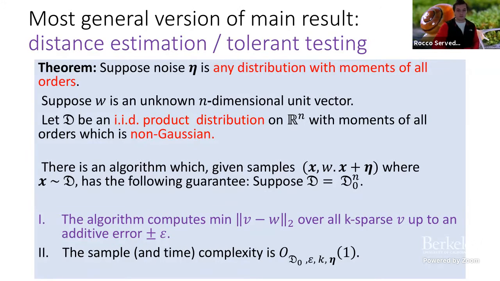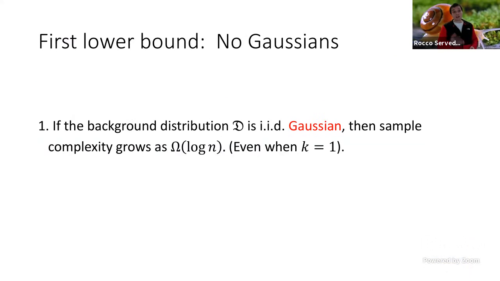That's why there's this O sub D0 in the sample complexity, because it should be easy to imagine if my distribution were very, very close to a Gaussian, well, it would be getting harder and harder to solve this problem the closer it is to a Gaussian. And you can work out rigorous statements along those lines, which we do. But anyway, this first lower bound says that this restriction in our positive result, that the distribution can't be Gaussian, is real. There is no efficient algorithm if the underlying distribution is Gaussian.